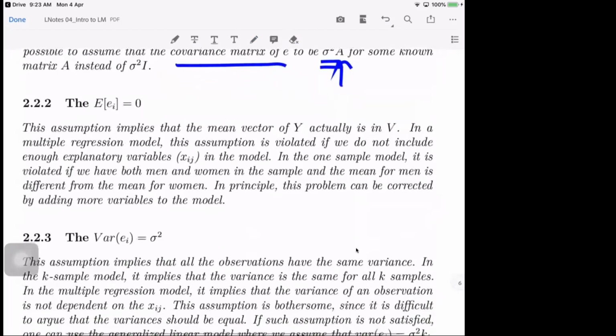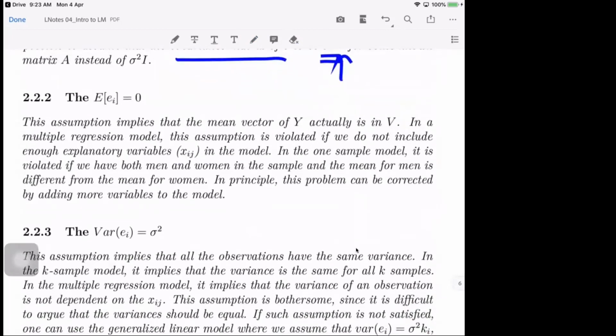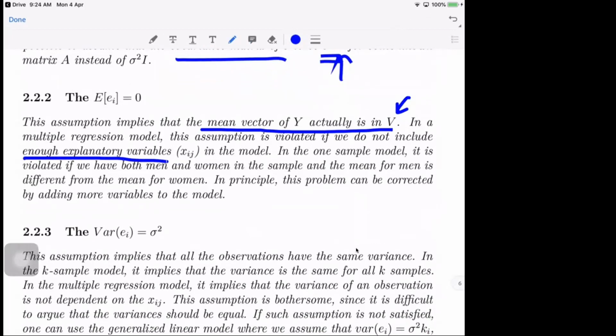The next assumption is that the expected value of the e_i's, or on the average, the e_i's will go to mean zero. This assumption implies that the mean of Y is in your subspace V. In a multiple regression model, this assumption is violated if we do not include enough explanatory variables X_ij in the model.